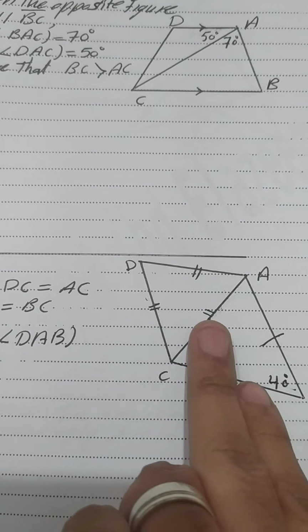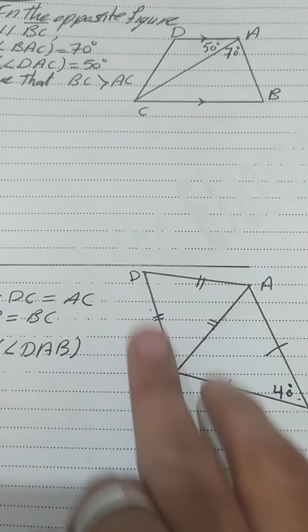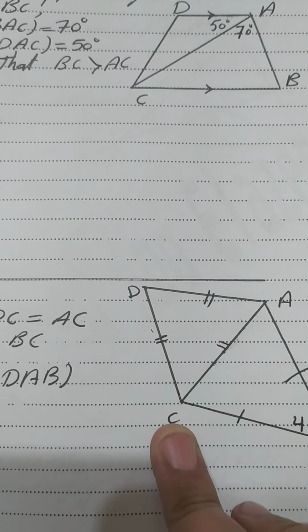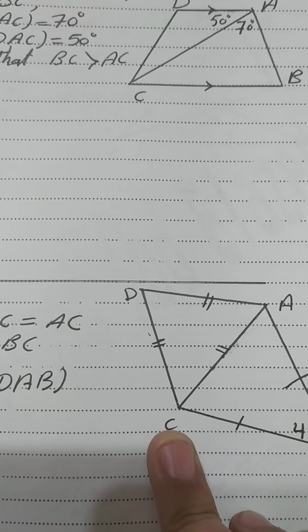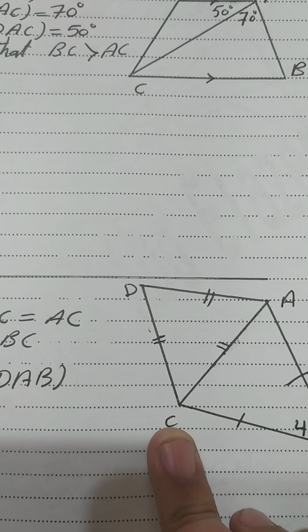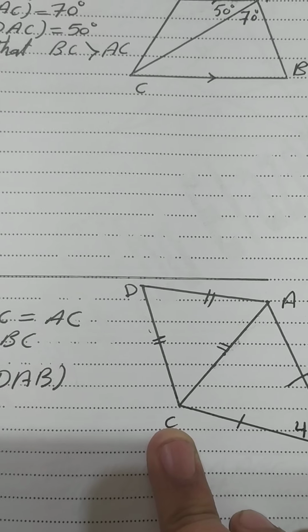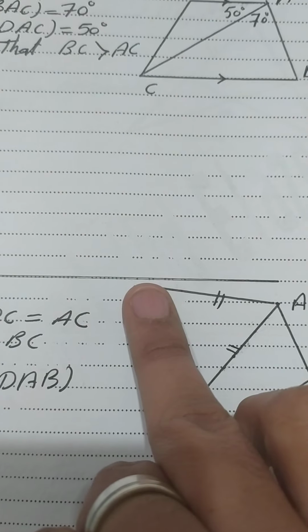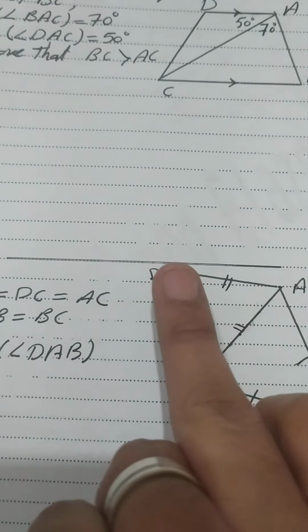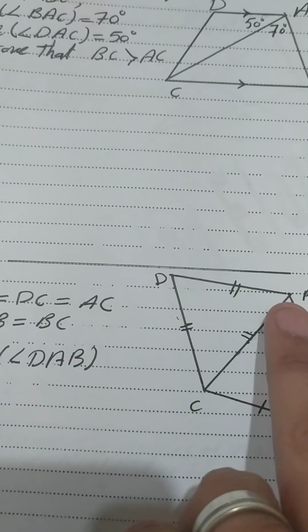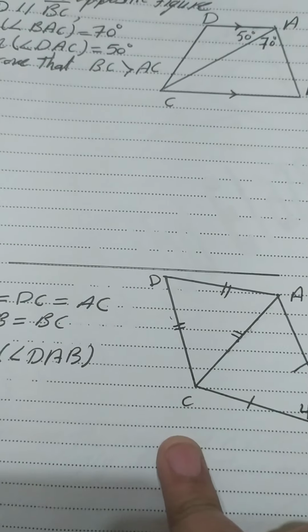The other triangle ADC is an equilateral triangle. In the equilateral triangle, the measure of each angle equals 60. Okay, then measure angle DAC equals measure angle DCA equals measure angle ADC equals 60.